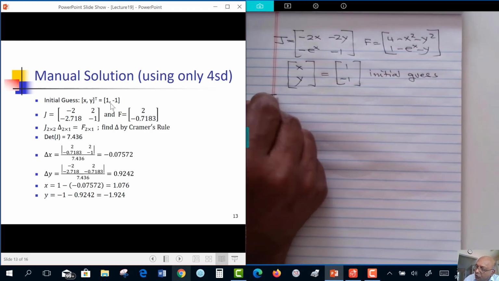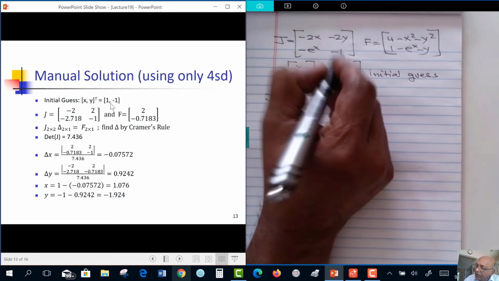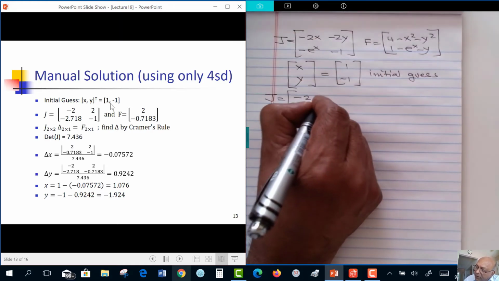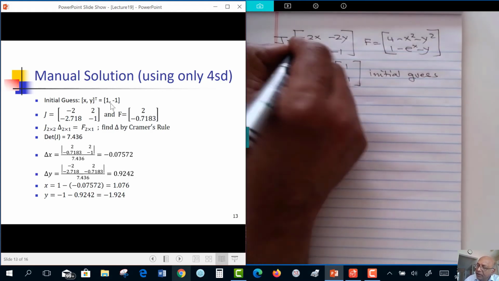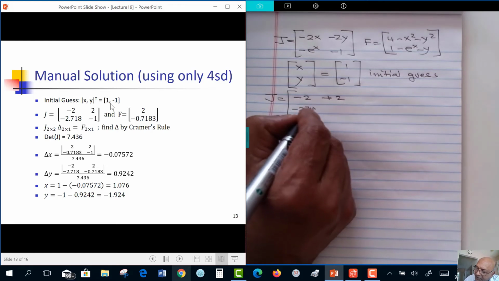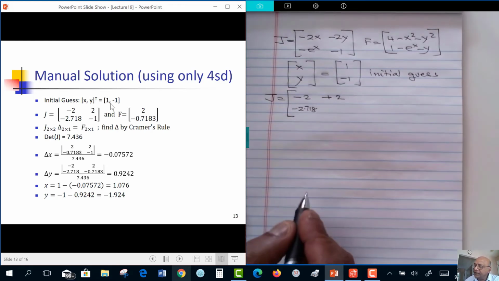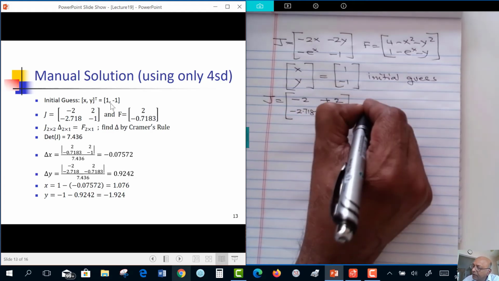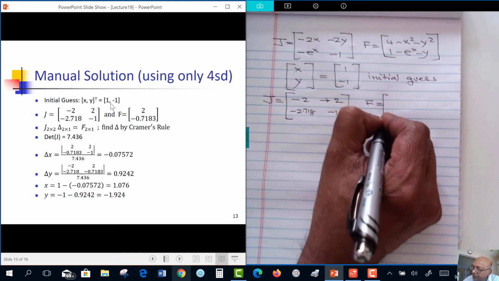So we calculate our Jacobian. So minus 2 plus 1 plus 2, sorry, minus, I'm going to keep only 4 significant digits. That's minus e to the x at x is equal to 1 minus 1. Let's calculate the function.